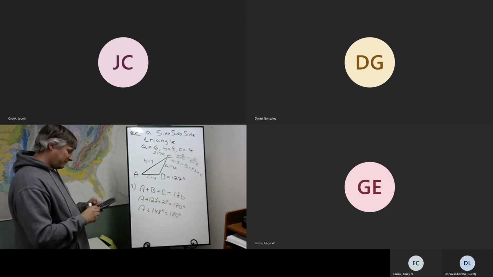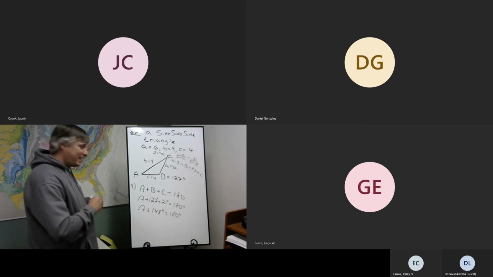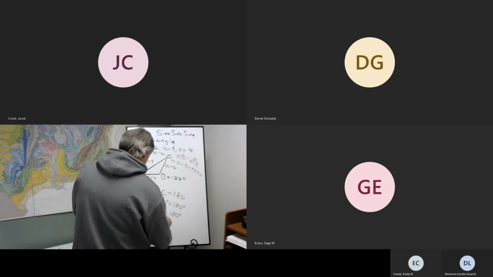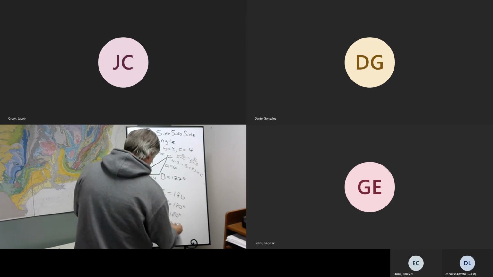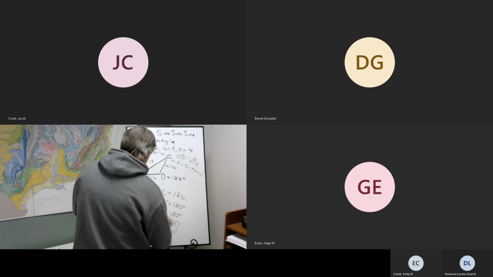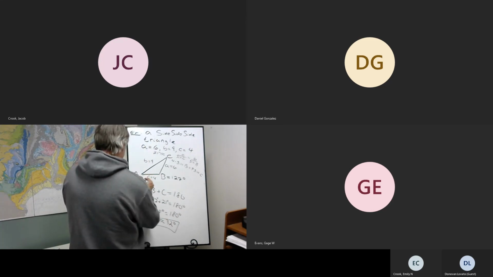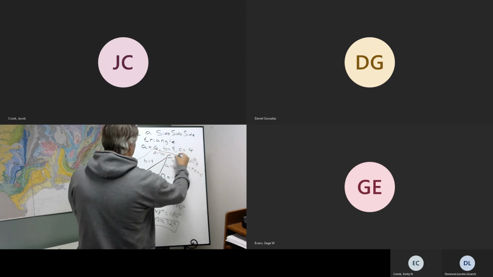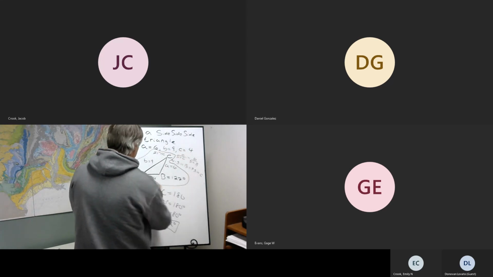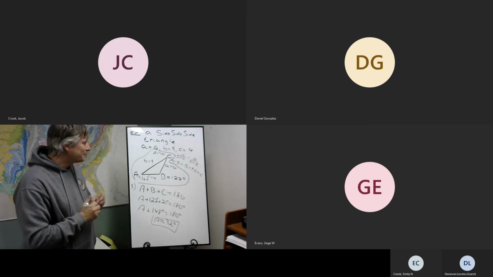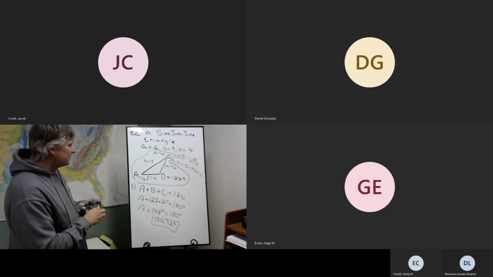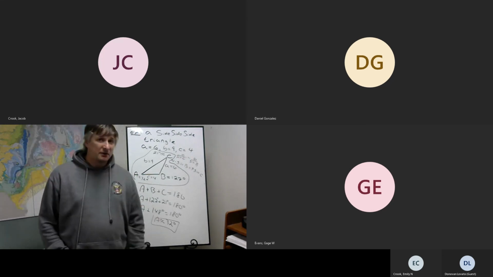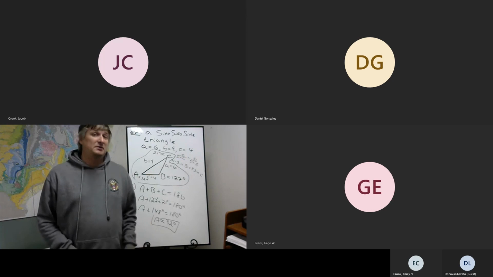Subtract 148 from both sides, and we'll get A. Really approximate is 32 degrees. I'm pretty sure in your text they're going to say that you're going to have a hard equal sign there. So now we solve for that triangle. Any questions about that?